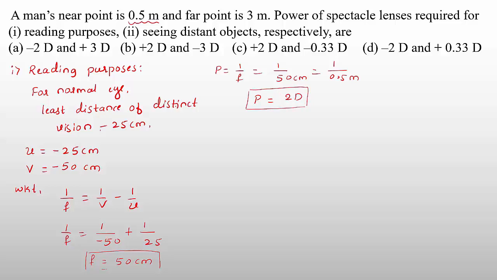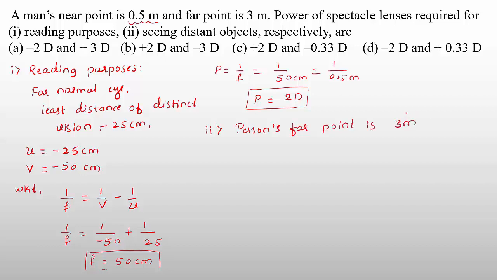Then in the second case, to see the distant objects, the person's far point is already given, that is 3 meter.